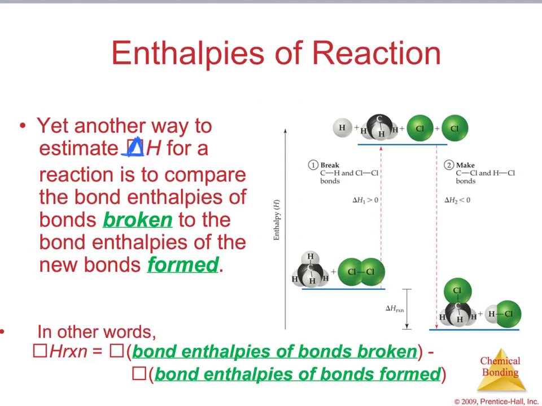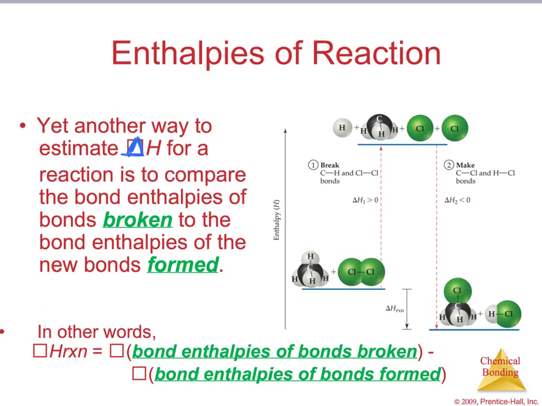Another way for us to estimate the change in enthalpy for a reaction is to compare the bond enthalpies of the bonds broken to those of the new bonds that are formed. And that's really what this diagram is showing you. If you break a bond right here and you make a new bond, the difference is going to be the change in enthalpy.